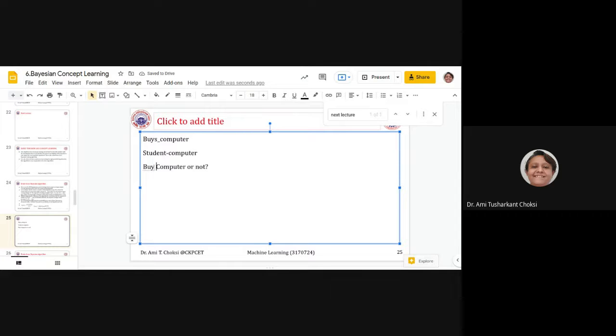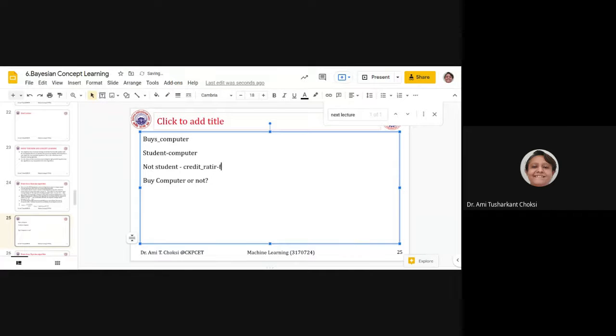Now see, if we have the data from which we can say that if a person is a student, he will buy a computer. Now say a person is not a student, then we can have conditions like his credit rating is fair or not.